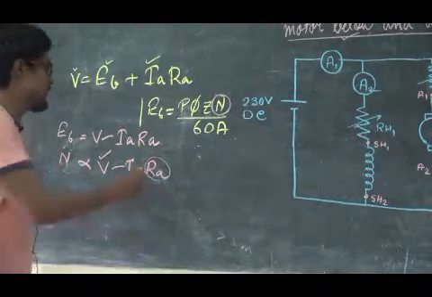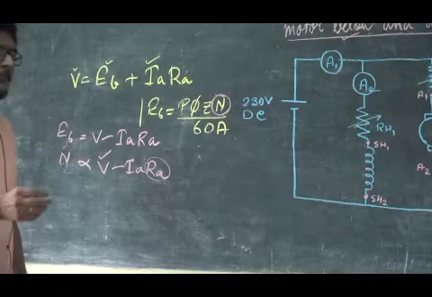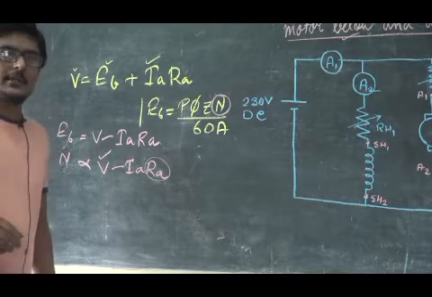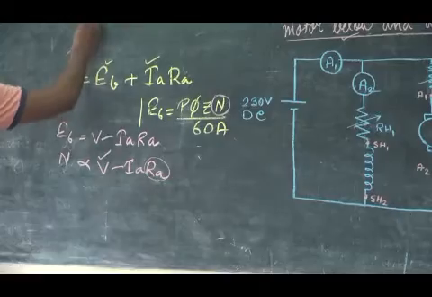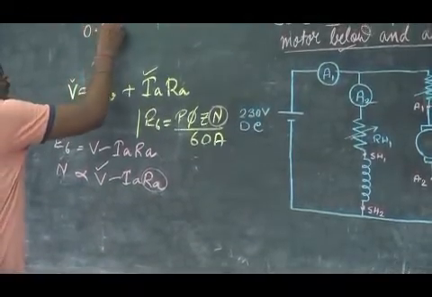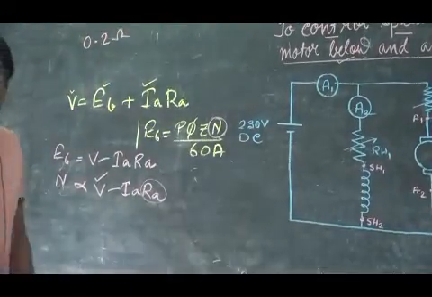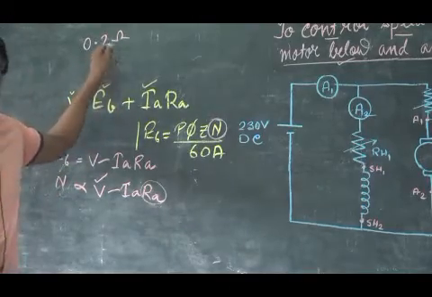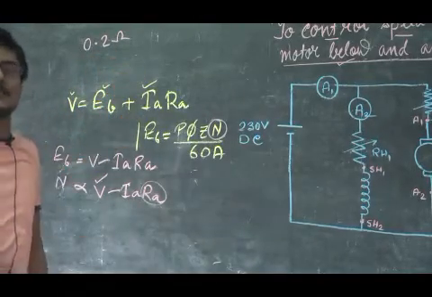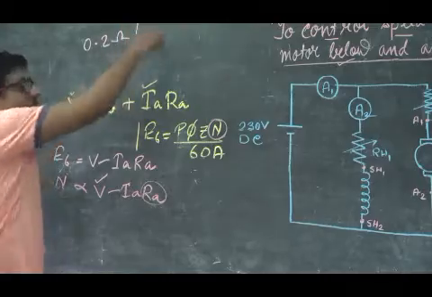Say the armature resistance that is already predefined is 0.2 ohm. In no way can you reduce this 0.2 ohm towards 0, but you can add additional resistance and make the value higher.